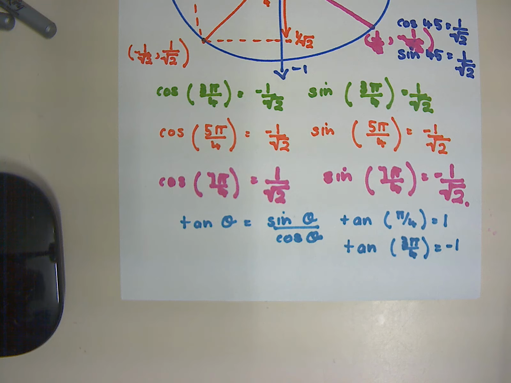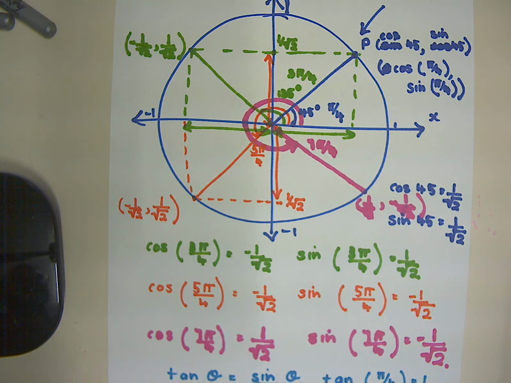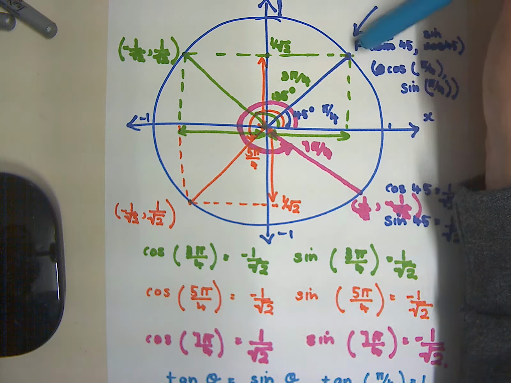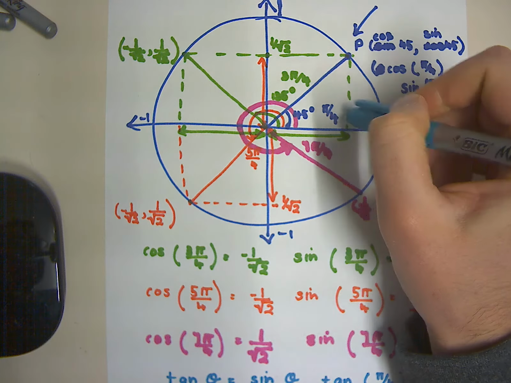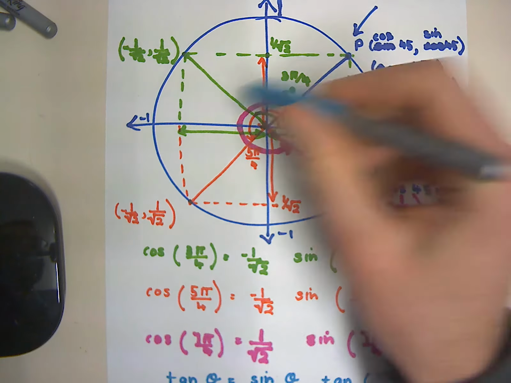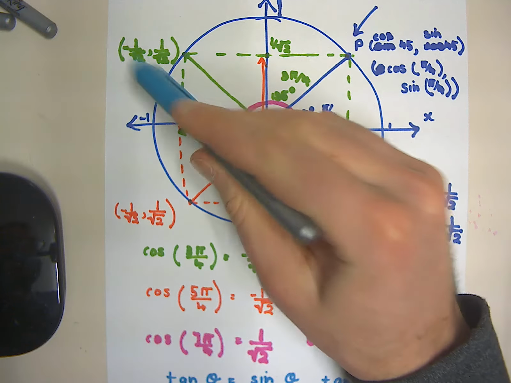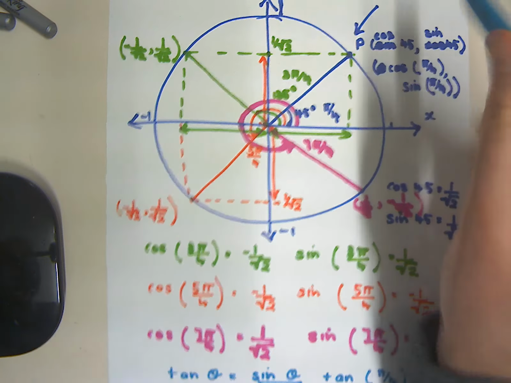Now, there are some what are called identities that are useful to know on the unit circle. Identities, first of all, I should explain, are just a relationship. So we can see here that if we've got an angle out here, and then over here we've got the same angle coming up there, then the cos values are negative and the sine values are the same.